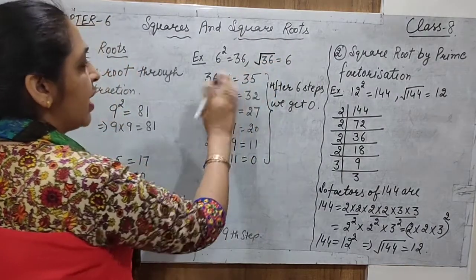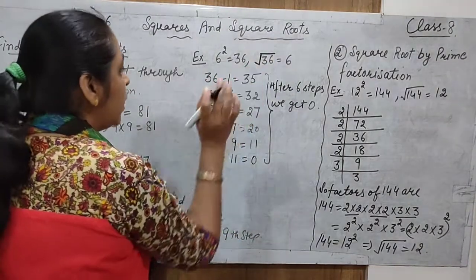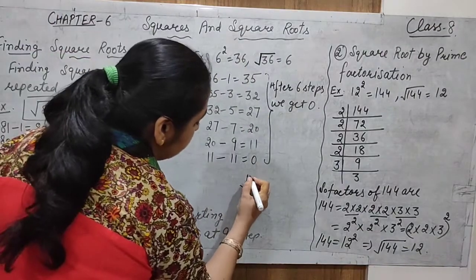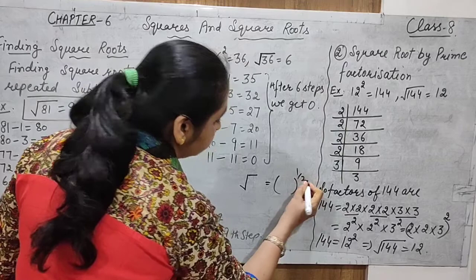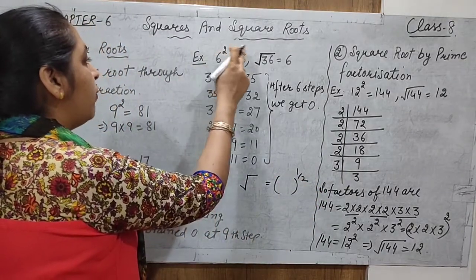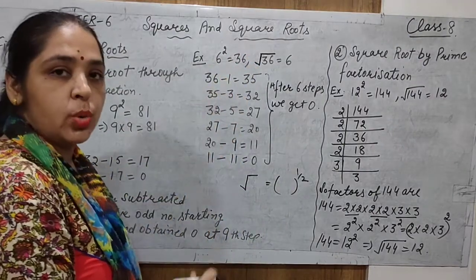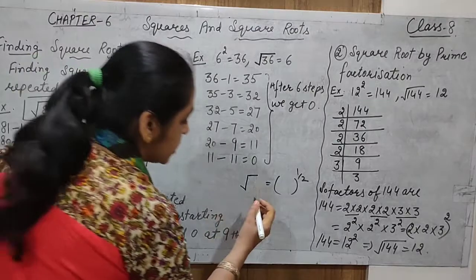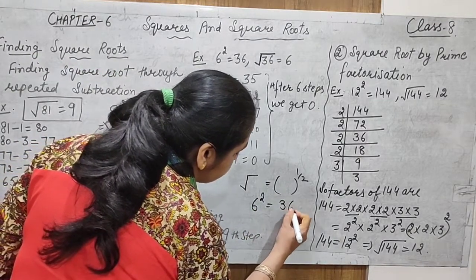These are the vice versa, or the reciprocal, of each other. Basically, the square root symbol is equal to power 1 by 2. On one side we do the square. When this power 2 moves to the other side, it changes into a square root. Suppose we have 6 square is equal to 36.